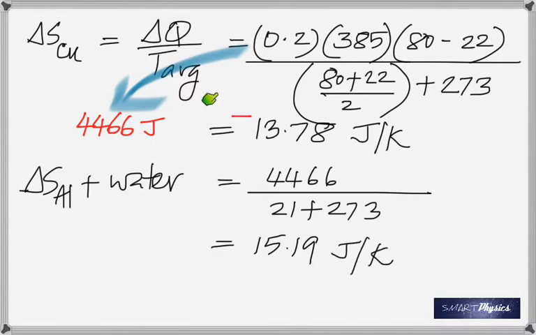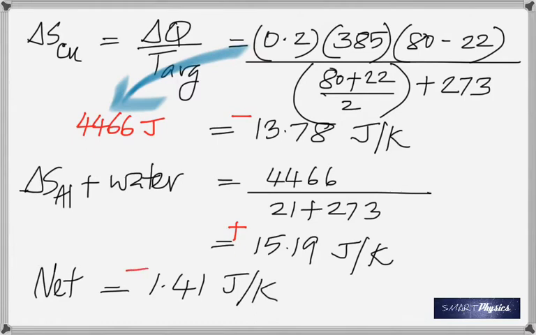But one of these is negative. Why? Because it's lost, and this is positive. And therefore, when you take the net change, you've got to keep that in mind. Simply don't go crazy and add them, because one is negative and the other is positive. So the final answer is negative 1.41 joule per Kelvin.